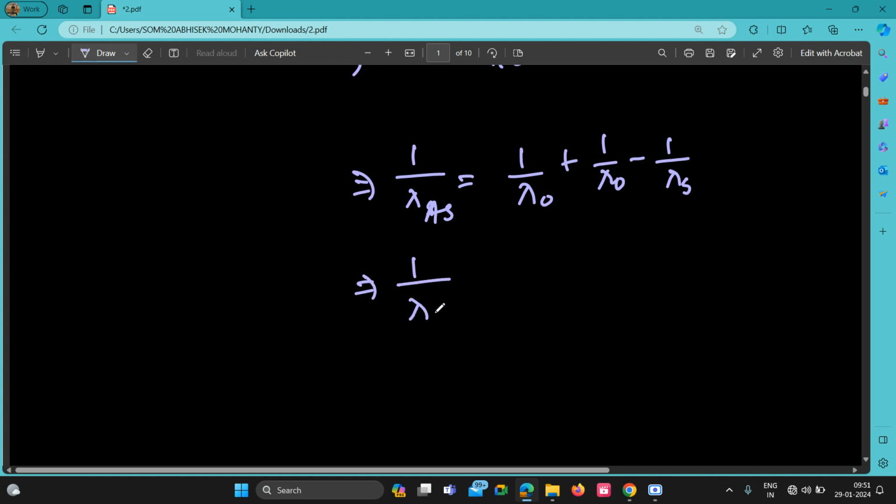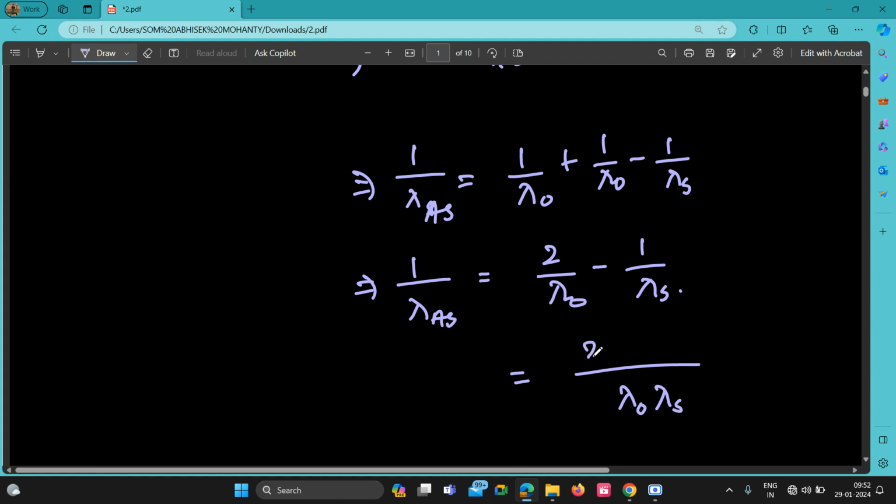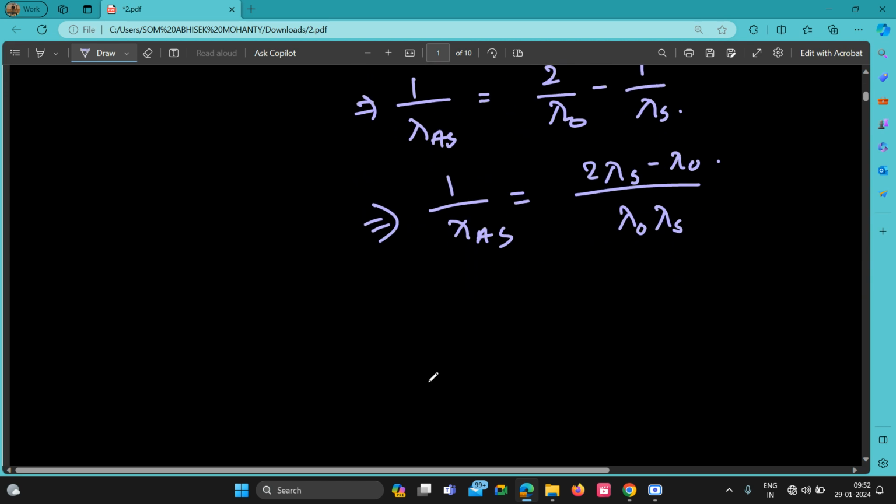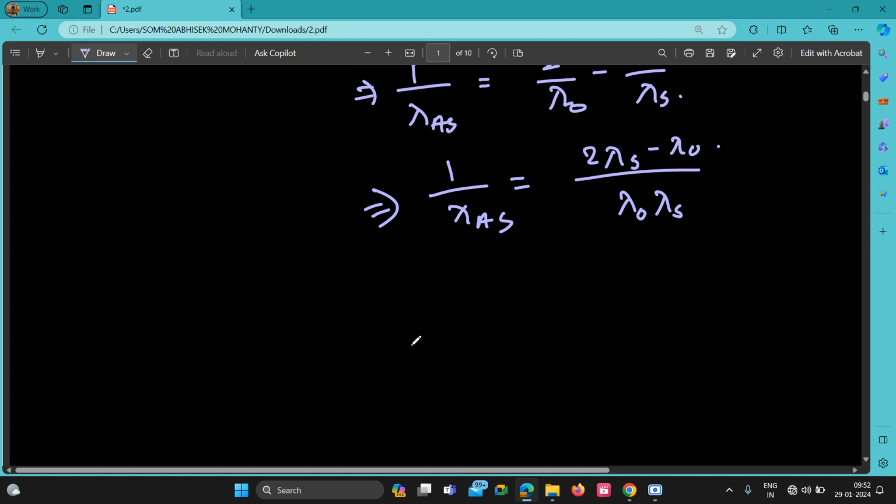So 1 by lambda anti-Stokes is equal to 2 by lambda naught minus 1 by lambda s. If I take the LCM, lambda anti-Stokes is equal to lambda naught lambda Stokes divided by 2 lambda Stokes minus lambda naught.